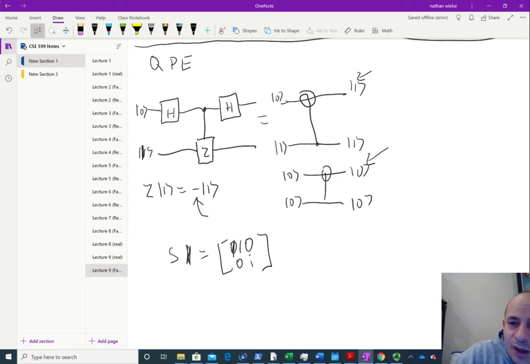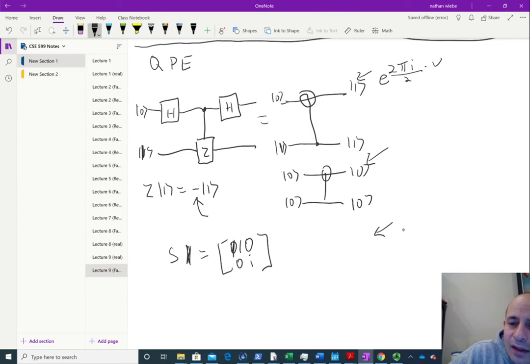The reason why is because this phase over here is of the form e to the 2 pi i over 2 times v, where if this input was v over there, this would be the two eigenphases that we end up getting out. Now we need something that's a little more subtle.